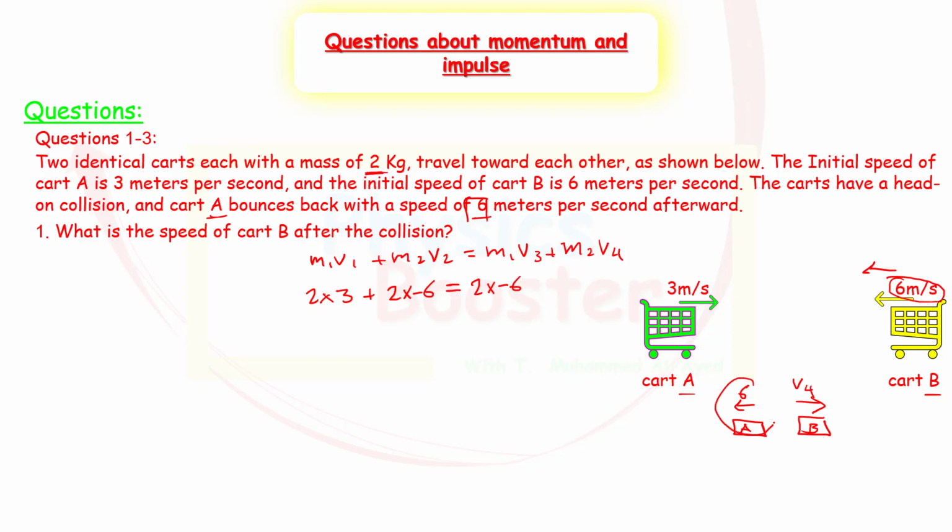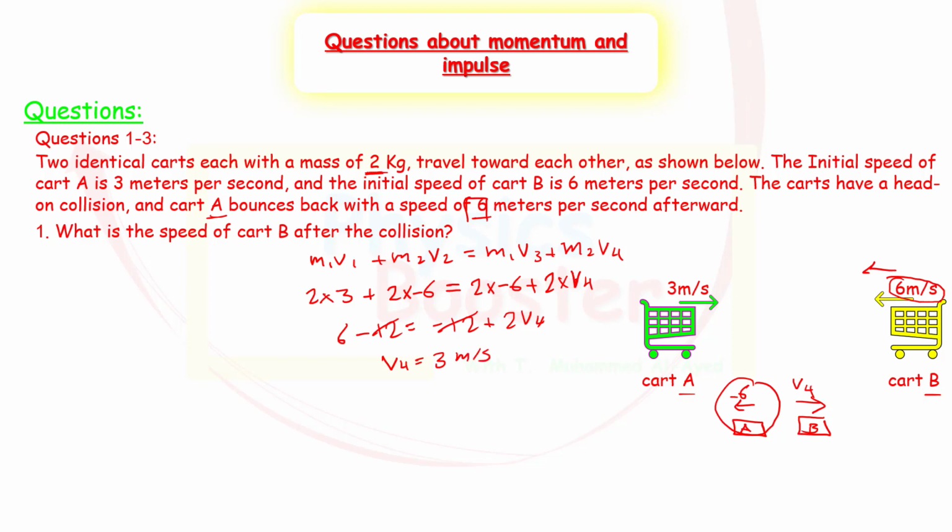See, now this cart is going to the left, so therefore the velocity is negative, plus the mass of the second object, which is 2, multiplied by its velocity, which I do not know and I want to find as the question requested. Now simply 6 minus 12, it's going to be equal to -12 plus 2 multiplied by v4. I can cancel the -12 with a -12 and I can say that simply v4 is going to be equal to 3 meters per second.